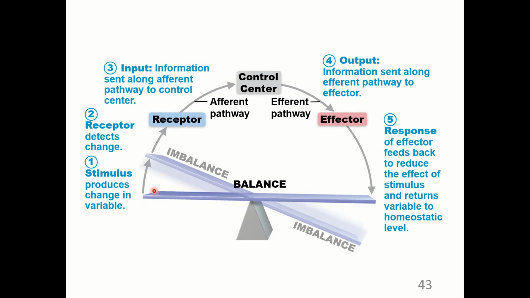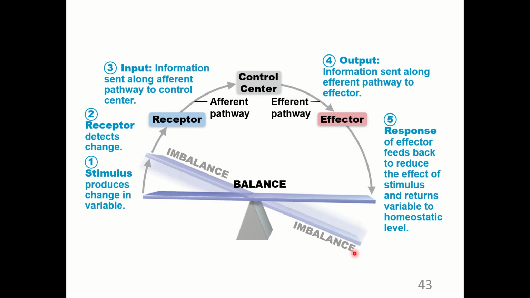This is called the homeostatic feedback loop. Notice that we want to maintain a balance. This is our set point. Any change in the variable, that stimulus, will put us into a state of imbalance. Notice that levels can rise above our set point or drop below our set point.